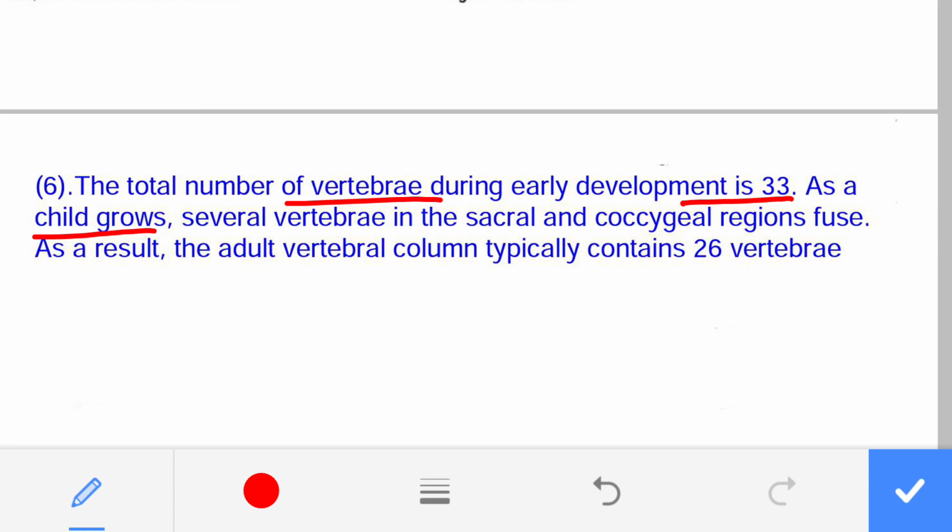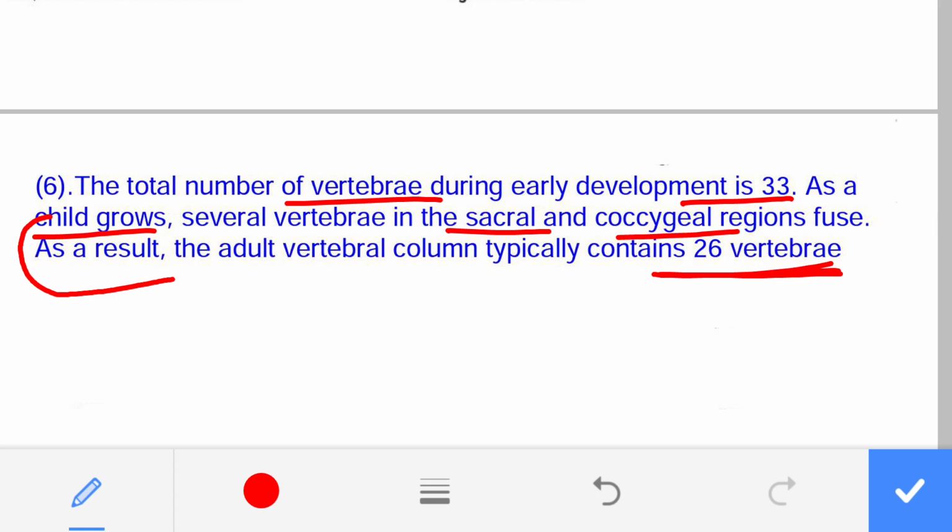Okay, so after the growth, the number of vertebra is decreasing. The child is growing, and when adulthood is gained, at that time the number of vertebra is 26, because some of the vertebra of the sacral region and the coccygeal region join together, they fuse together.